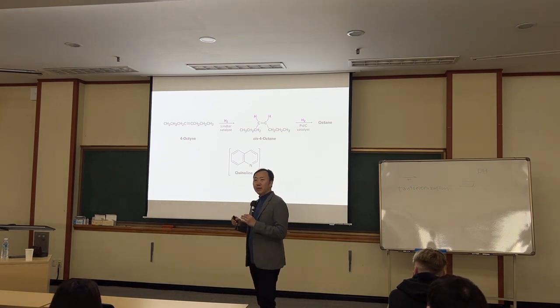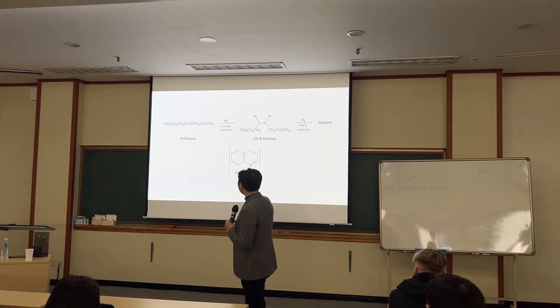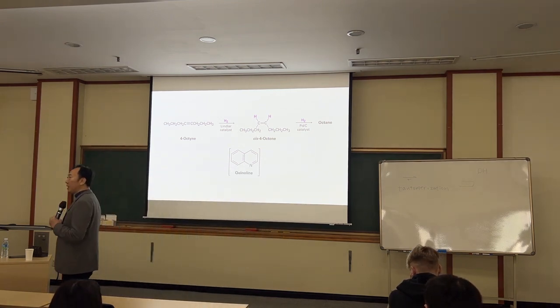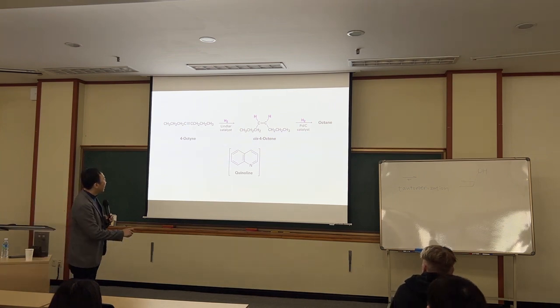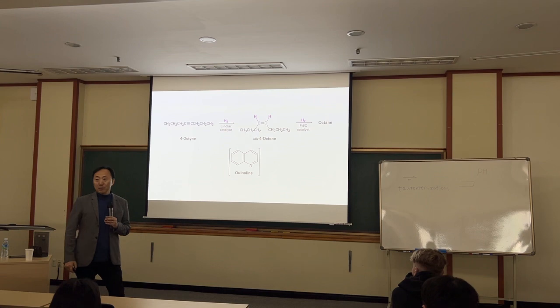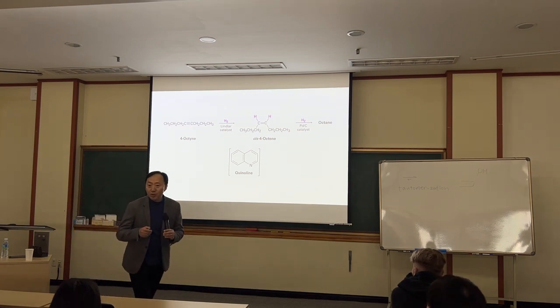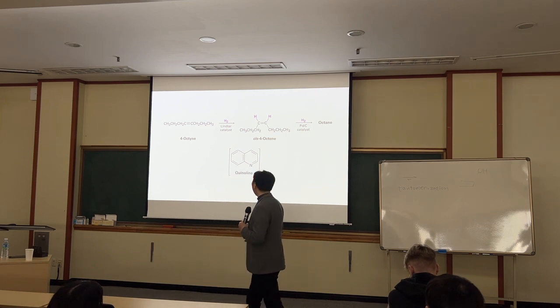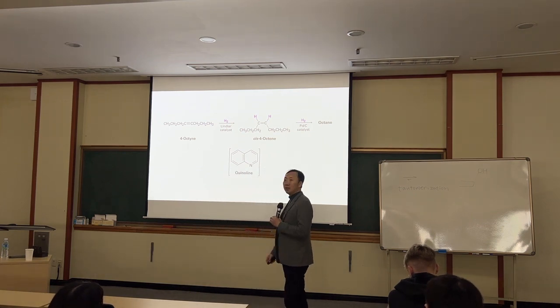It was developed by the scientist named Lindlar. So Lindlar developed this catalyst by poisoning palladium catalysts with some bad material to control the reactivity. If you reduce the activity, then you can stop the reaction in the middle.